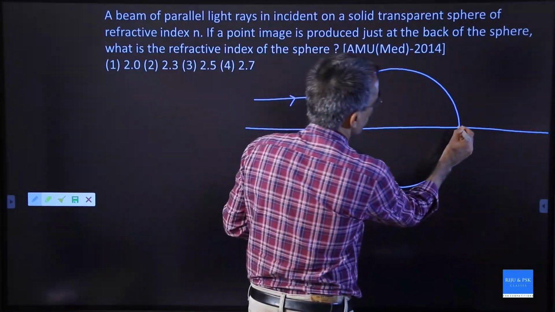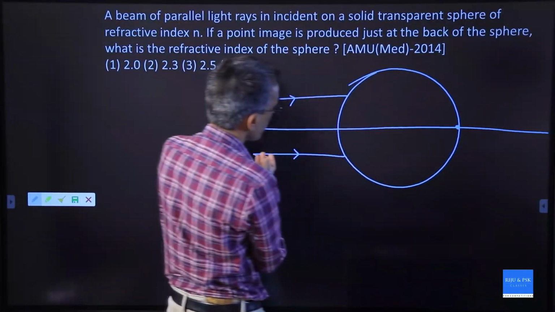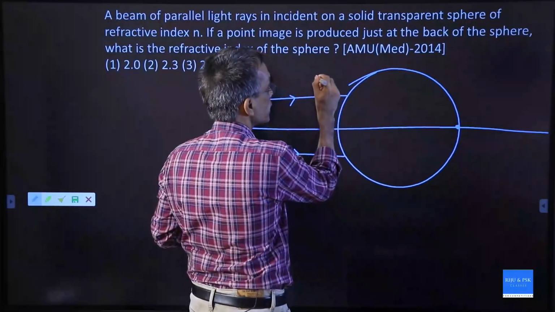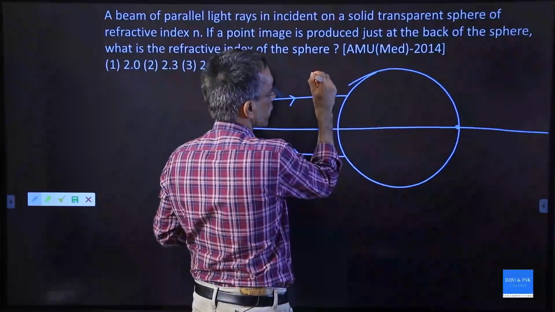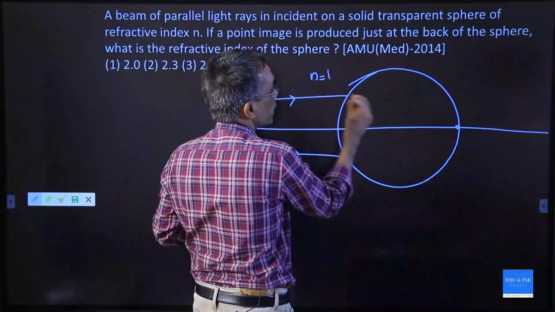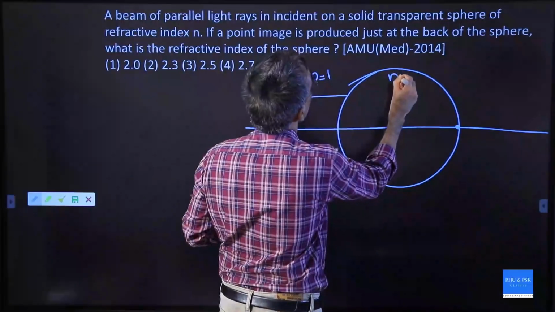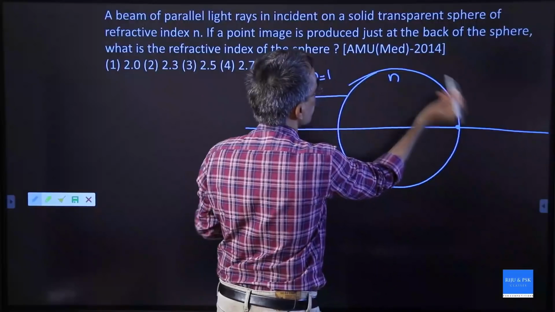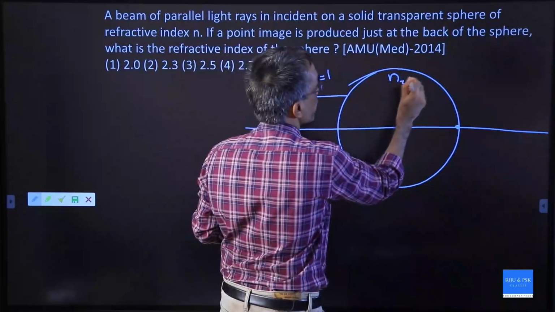So here maybe at this point, if it is coming parallel, symmetrically the image will be created. This is air, we will assume air, refractive index is 1. This is a solid transparent substance with a higher refractive index n. This is n1, this is n2.